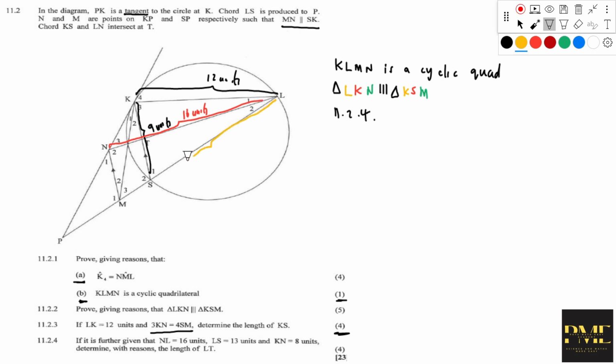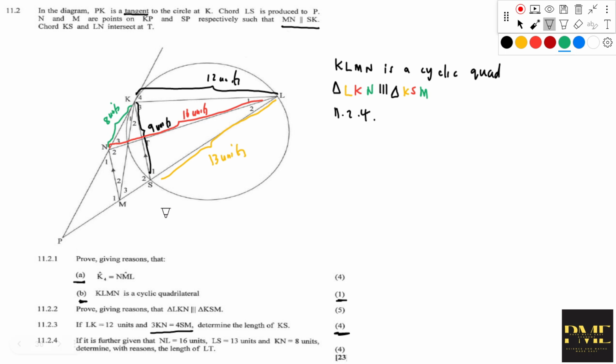LS, nang LS, ulingana no 13 units. Okay, and KN is equal to 8 units. KN, where's KN? Nang KN. KN is 8. Okay, so it's this side over here. So this is 8 units, guys.